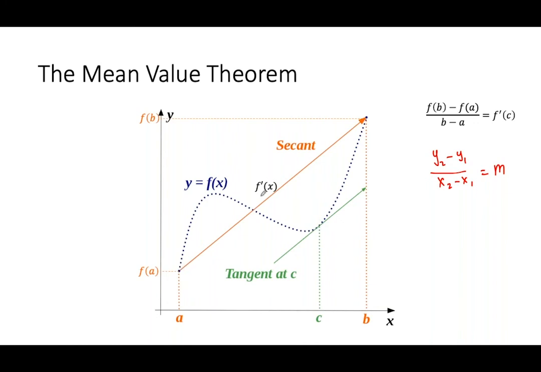If we find f of b minus f of a, this whole part, over b minus a, this is the slope of this line, and we get f prime c. And f prime c is actually equal to the slope of the tangent drawn at point c. It is not the slope of the same line, but the slopes are the same. Since they are parallel, the slope of the line drawn at c is equal to f prime c.